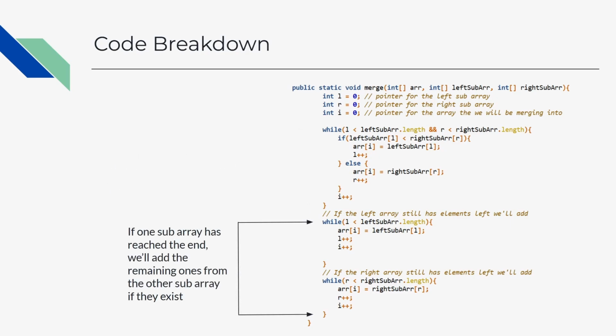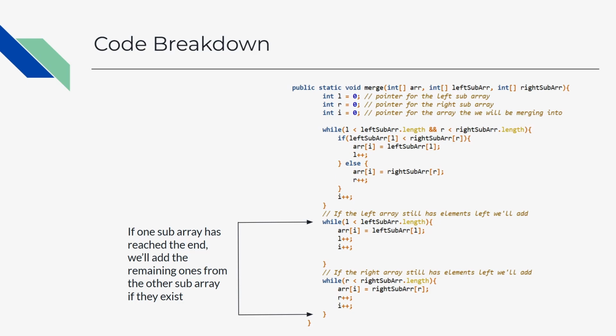So if you're wondering what these two while loops are, they are going to check if there are still elements left in one of the subarrays, and if there are elements left in one of the subarrays, we will add them onto the array that we are merging into.